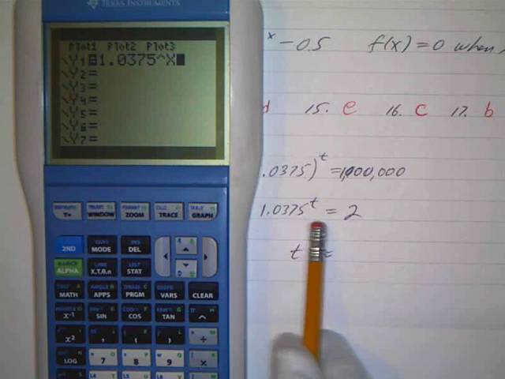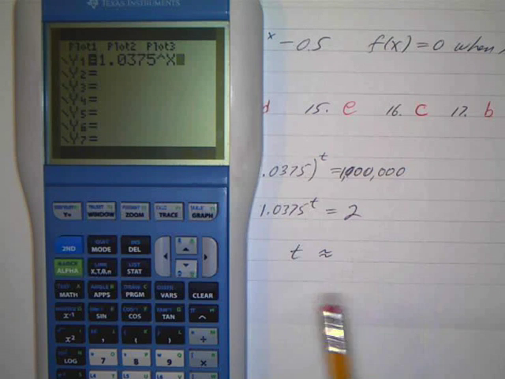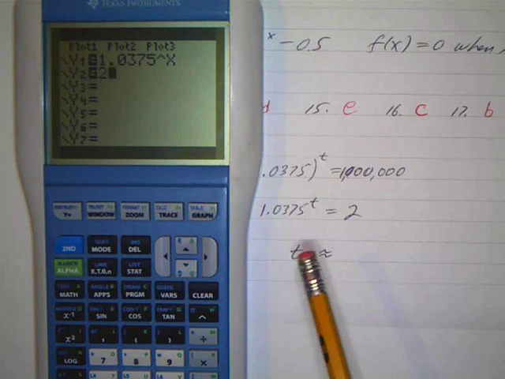That's going to be this part, and we want to see when it's equal to 2, so we'll also graph the line y equals 2 on the second one. Where those intersect, that's going to be the solution, when this value is equal to 2. So we can graph this.